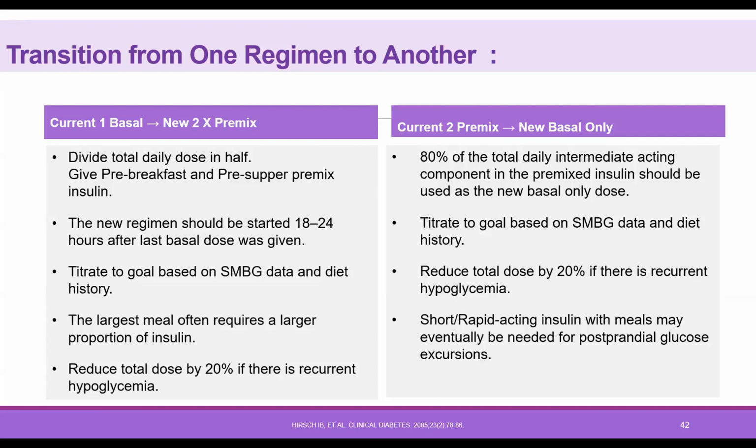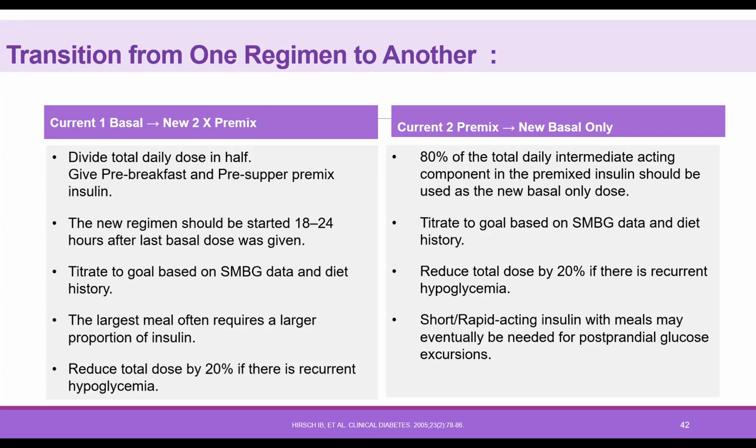When we are titrating the premixed insulin, I usually look at the pre-breakfast and pre-dinner values. With the pre-dinner value, I adjust the before-breakfast premixed insulin, and with the fasting value, I adjust the pre-dinner premixed insulin.